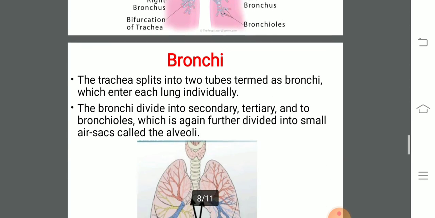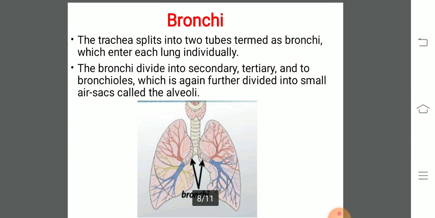The next part is what? It is the bronchi. Okay, so I already told you the trachea splits into two tubes termed as bronchi, which enter each lung individually. If you are observing here with the help of arrows, the bronchi are shown. Okay, the bronchi divide into secondary, tertiary bronchi and bronchioles, which are again further divided into small air sacs called the alveoli.